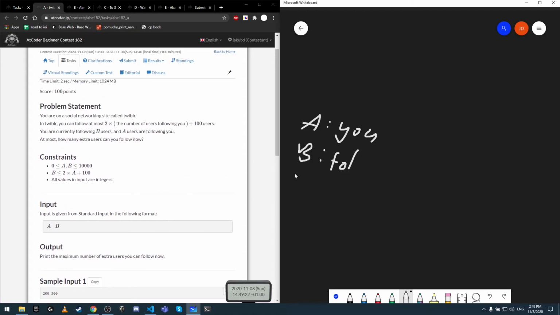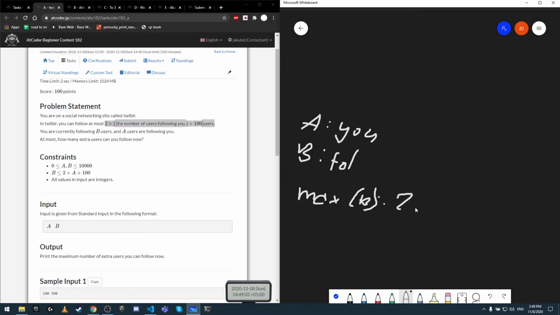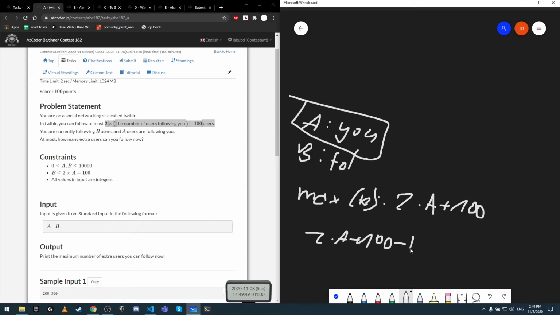So now the max value of B can be two times the number you follow, which is A, so 2 times A plus 100, and it's just the difference of 2 times A plus 100 minus B. That's the answer.